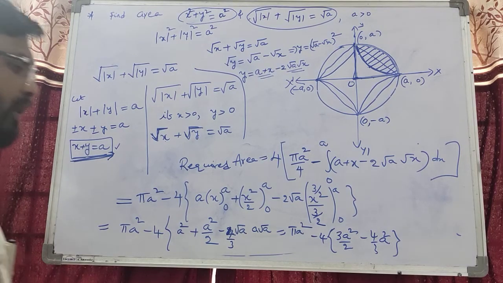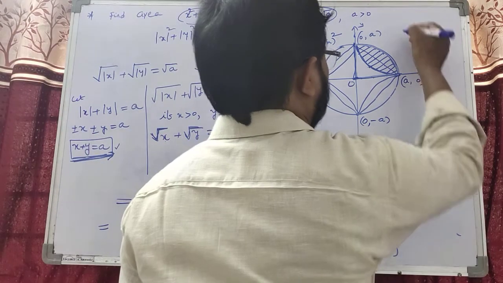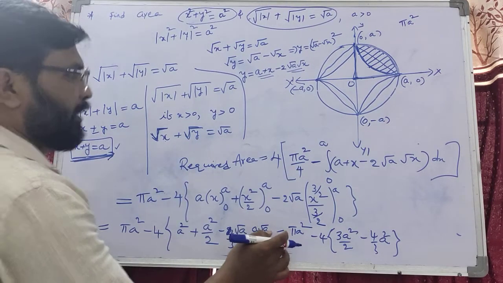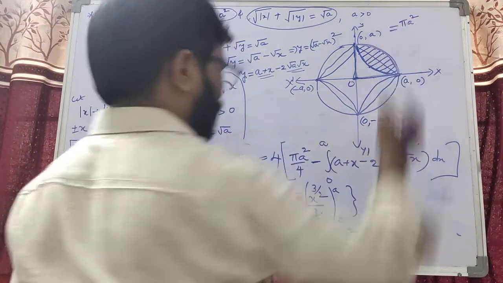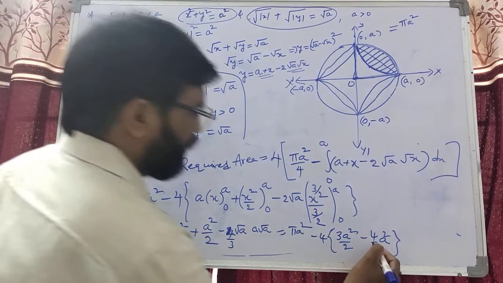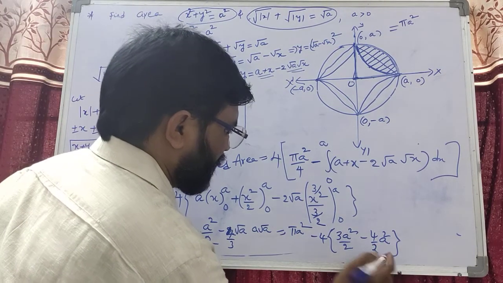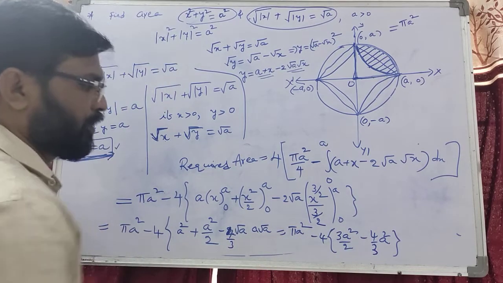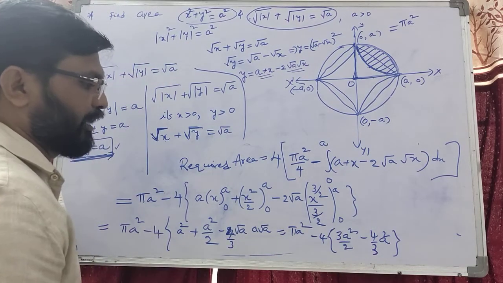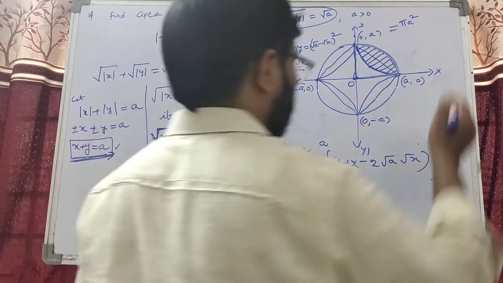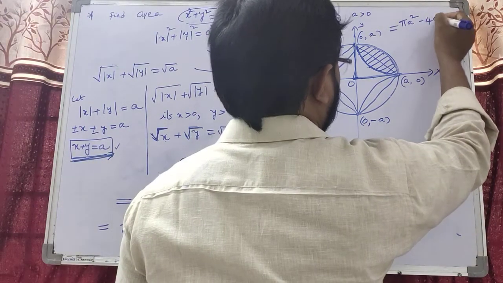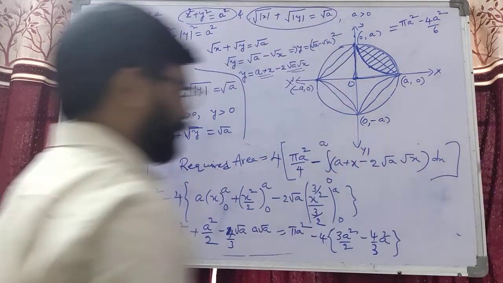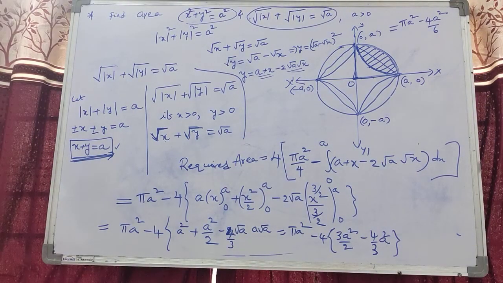Now we can write finally the required area is pi a square. Taking the common denominator, 3 into 3 is 9, 2 into 4 is 8, 9 minus 8 is 1, that is a square by 6 minus 4 a square by 6.